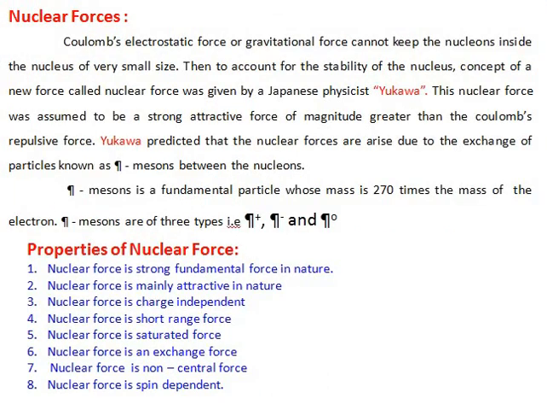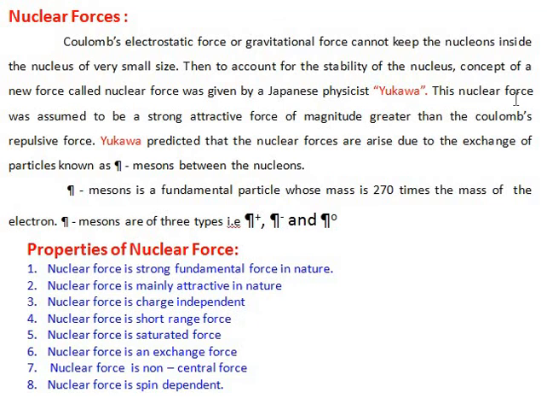Next property of the nucleus is nuclear forces. Coulomb's electrostatic force or gravitational force cannot keep the nucleons inside the nucleus of such a small size. So to account for the stability of the nucleus, the concept of a new force called nuclear force was given by the Japanese physicist Yukawa.